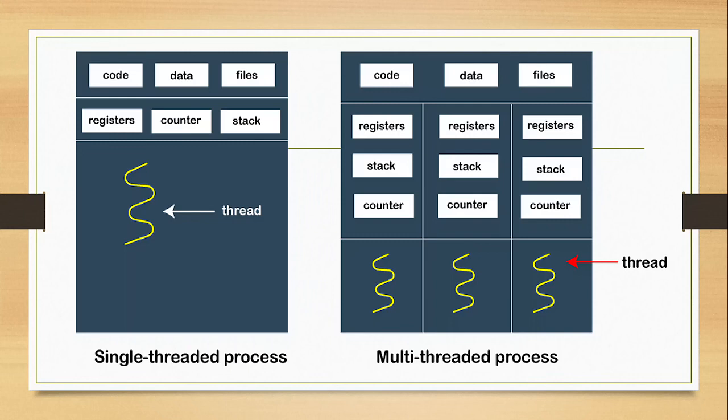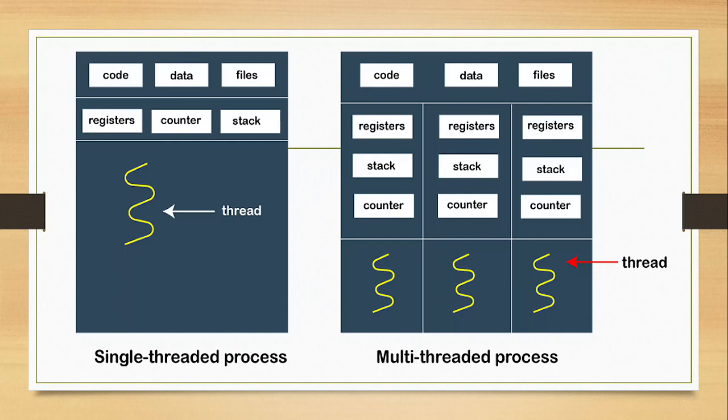Now, what is the difference between these two? Of course, the number of threads, right? But as you can see, in a single-threaded process, this particular thread is allowed to share the registers, the counter, and the stack, all those resources, together with the code, data, and files. In a multi-threaded process, however, each and every thread has been designated its own registers, stack, and counter, as you can see.